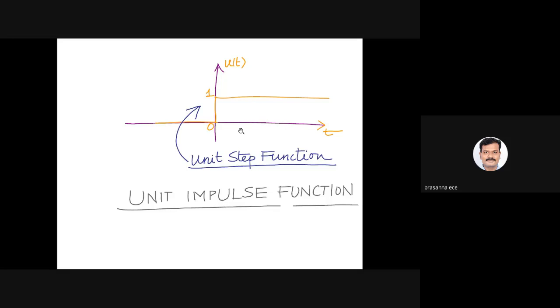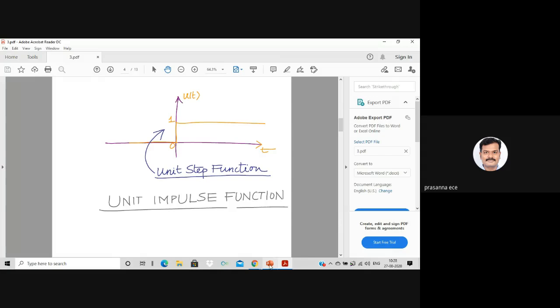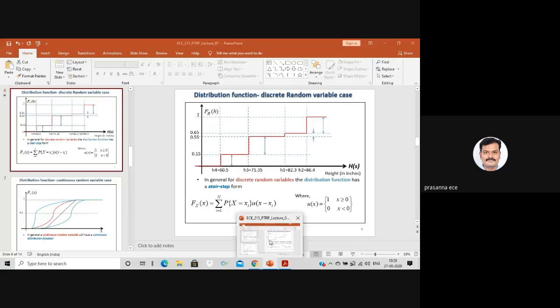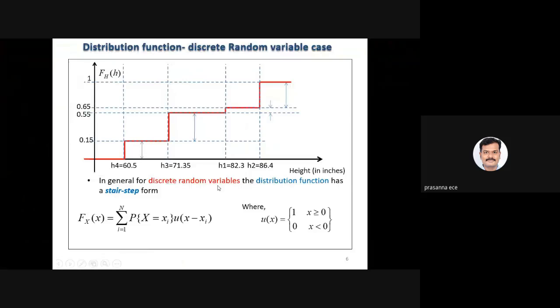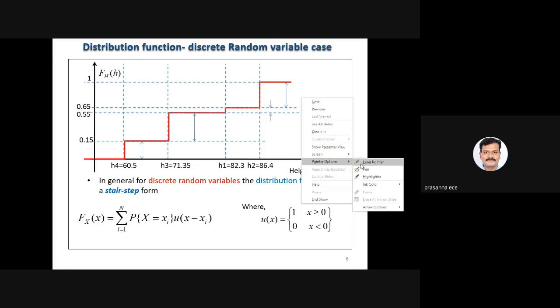I just wanted to convey the meaning of what a unit step is. Hope you understood what this function denotes. Does anyone have any doubt here? Is the concept clear?